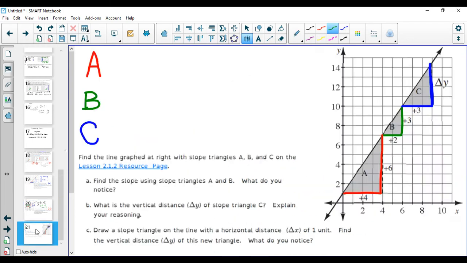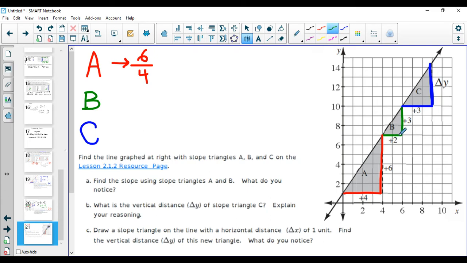And I misspoke earlier, this is number 16. So we're going to use the line that we graphed over here with slope triangles of A, B, and C. So find the slope using each of those triangles for A and B. So for A, our slope is change in y is 6 over the change in x is 4. We get 6 over 4.